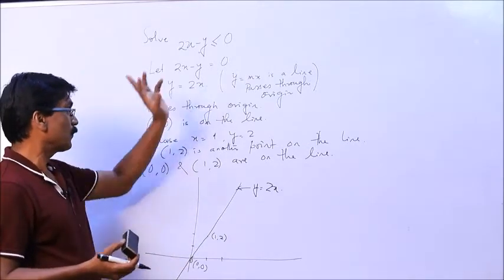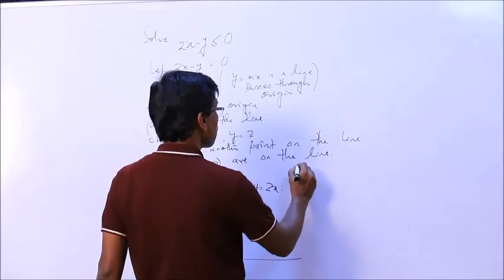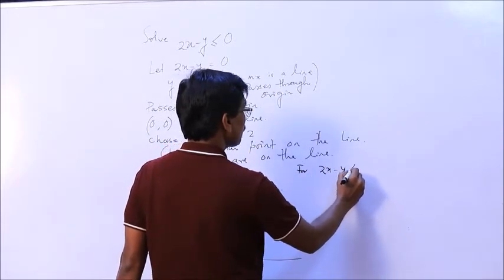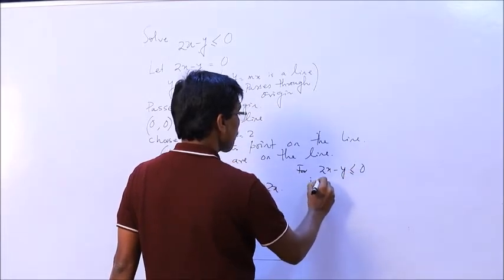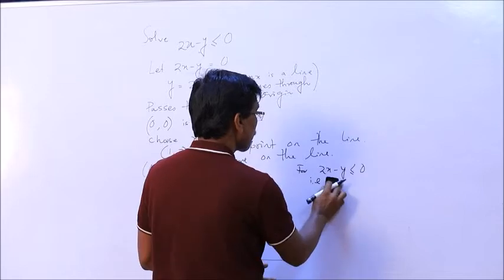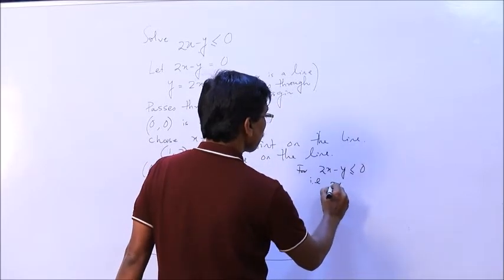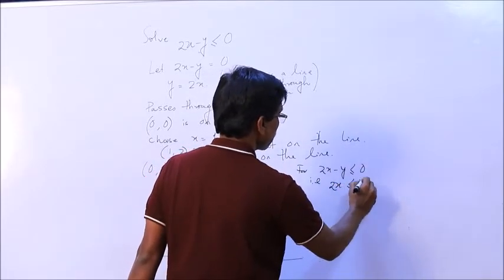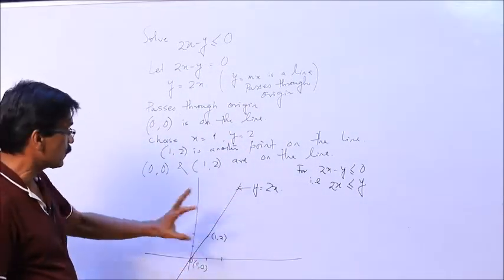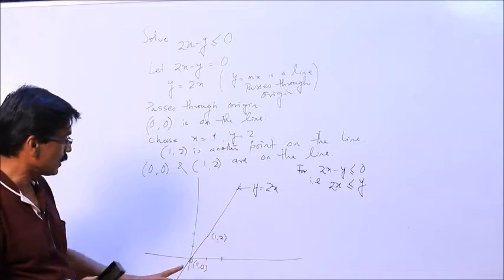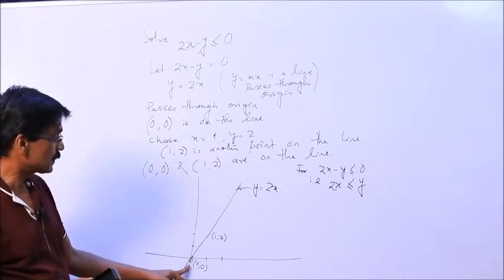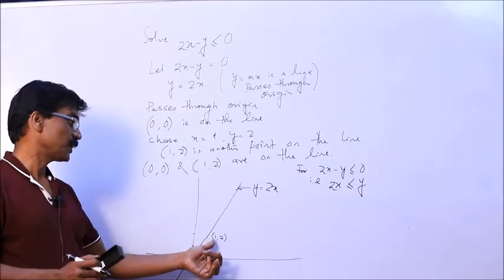And for 2x minus y less than equal to 0, that is 2x less than equal to y. We can take a reference point that is not on the line. Here obviously origin is on the line, we cannot take origin, and 1 2 is on the line.